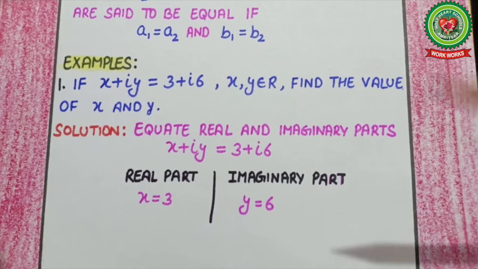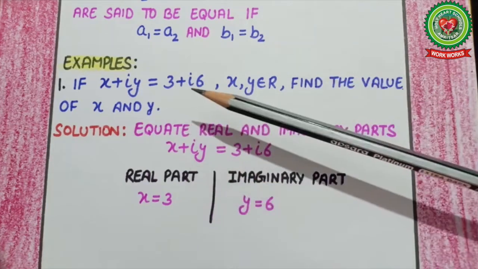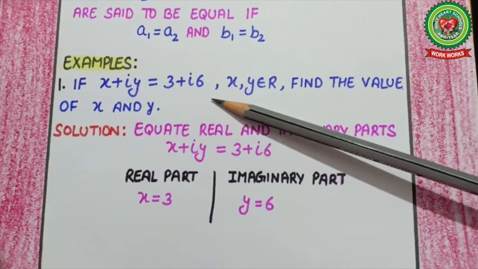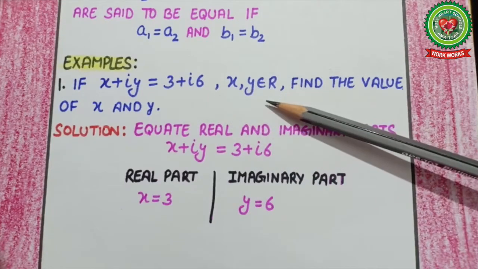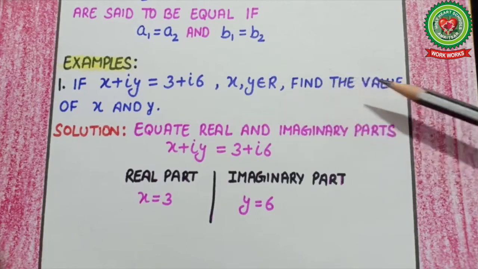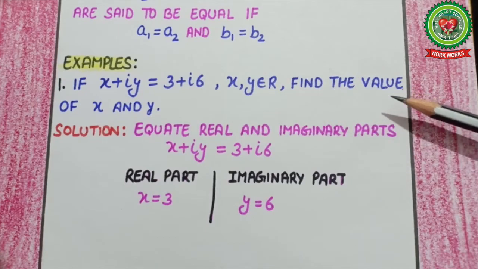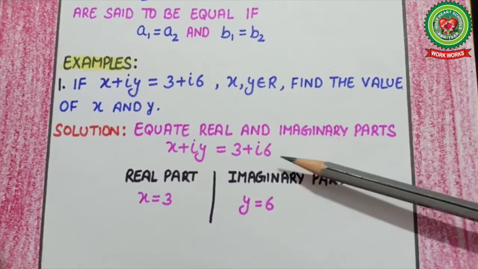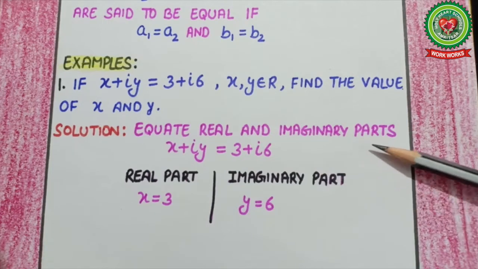For example, if x plus iota y equals to 3 plus iota 6 and x, y belongs to real number, find the value of x and y. So first of all, write the equation, then equate real and imaginary parts.